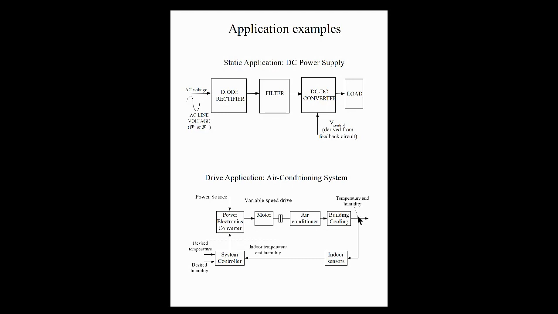If they're not what they're supposed to be, with the introduction of the feedback loop, then the power electronics converter will respond accordingly and force the output to be at the desired level of temperature and humidity.